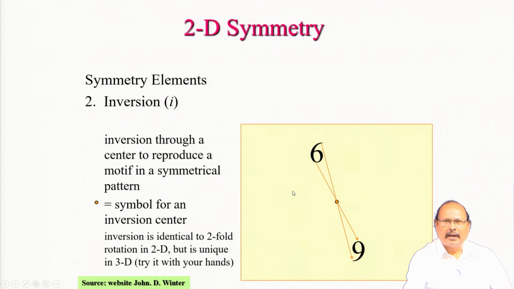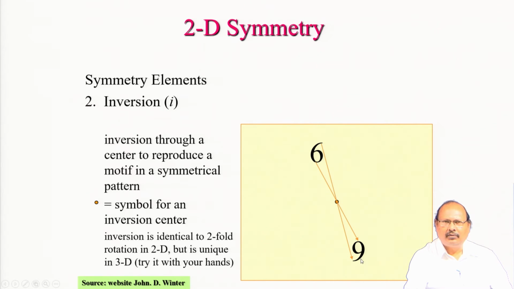Now, I show you another fundamental symmetry operation called inversion. What is an inversion? If this is the center and this is 6, inversion means that you join each point on 6 with the center and project in the opposite direction to the same distance, and it produces a 9 here.